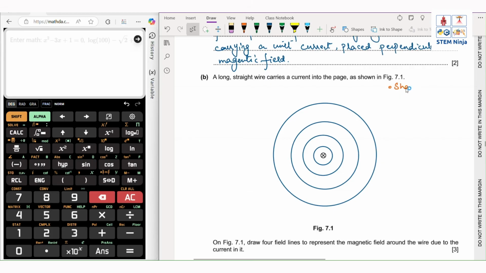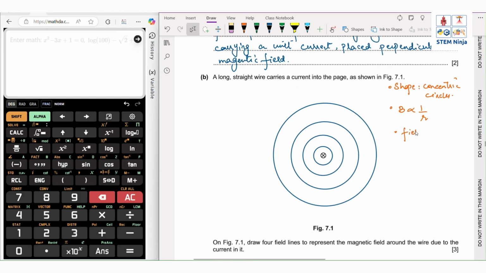The shape of these are concentric circles. We know from IGCSE also that the magnetic flux density or magnetic field strength decreases as we go further. So the field lines show more separation as we go further.